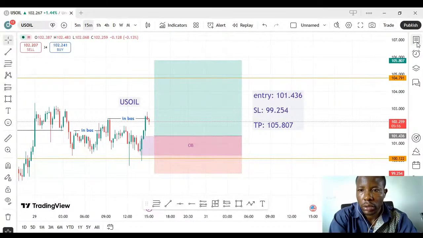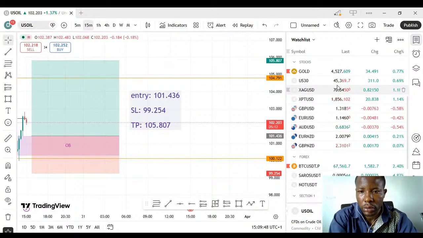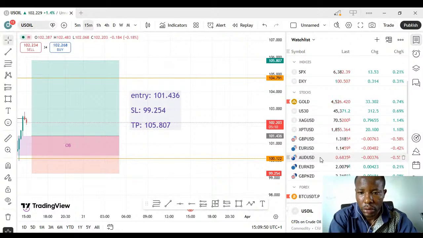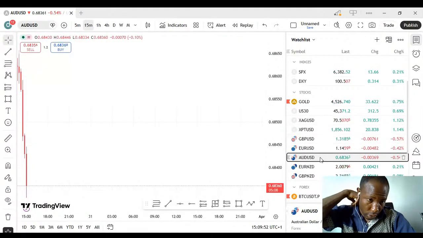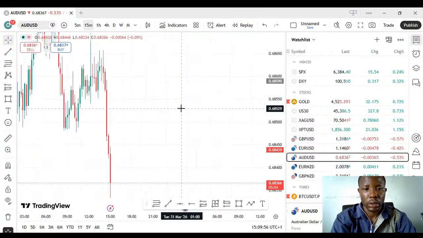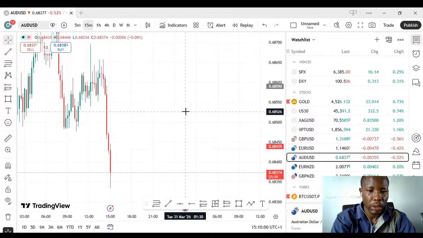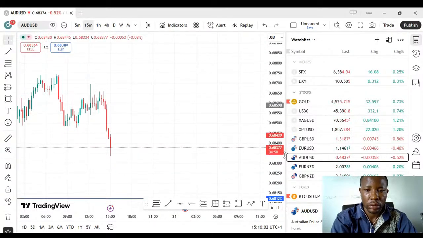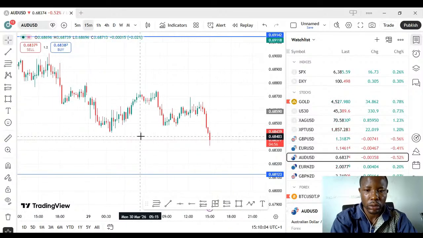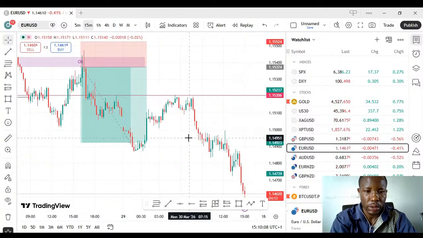Let's look at AUD USD. Someone said we should look at AUD USD. But for me, looking at AUD USD, I also want to look at the dollar index, and the parity to the dollar index is Euro USD. So let's look at Euro USD.